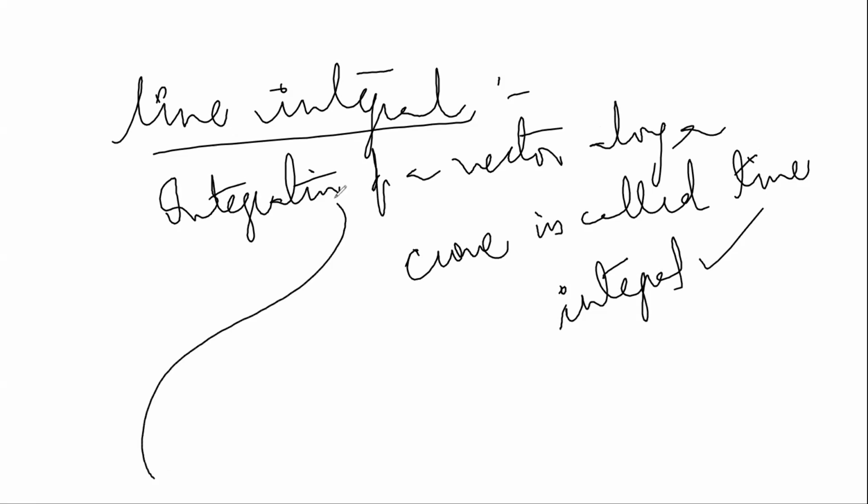See here, if I take a curve in this way, this is some PQ. If I consider a small element here of length dl, I have a vector A bar from this. Now, it is making an angle theta here.